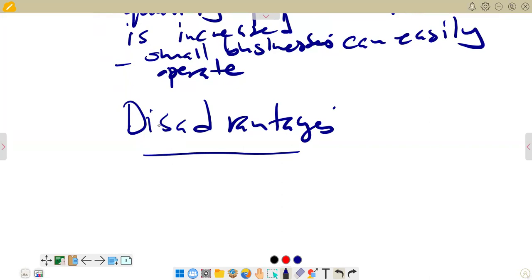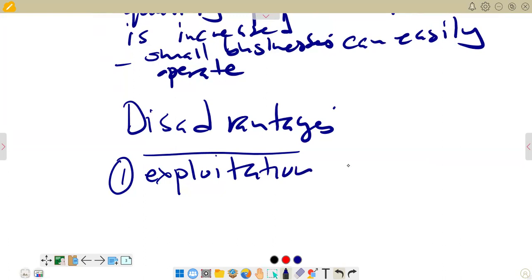By so doing, they might pay workers low salaries and wages, so that they widen the gap between expenses and revenue, and they make more profit. So in that sense, it might result in exploitation of labor. This is through maybe paying low salaries and wages. This is one of the disadvantages that we can deduce from market economy.